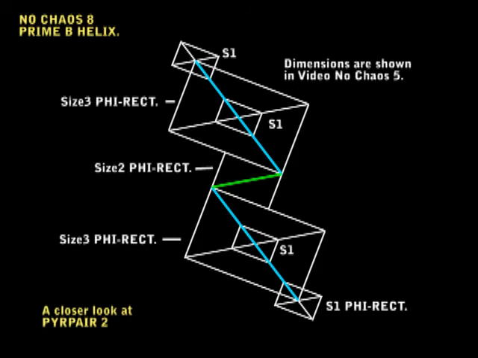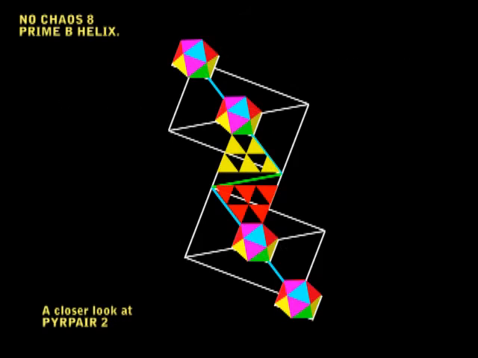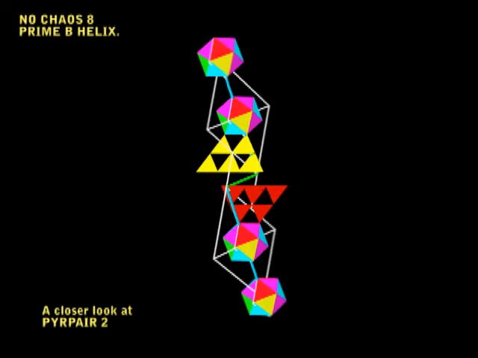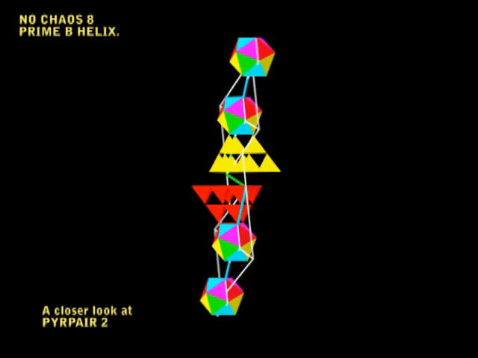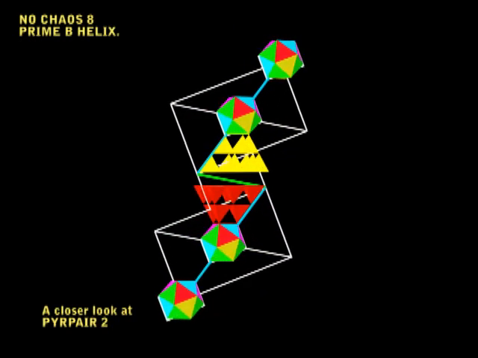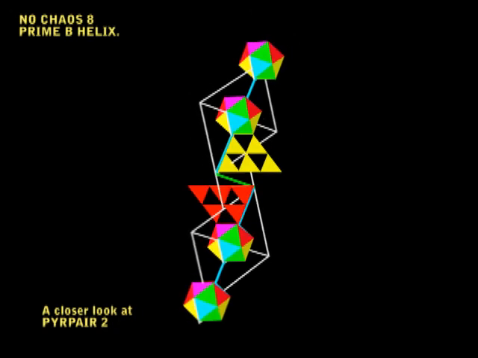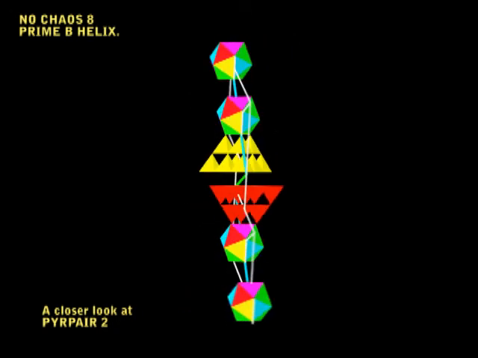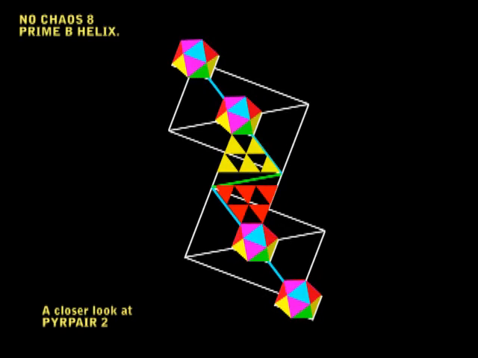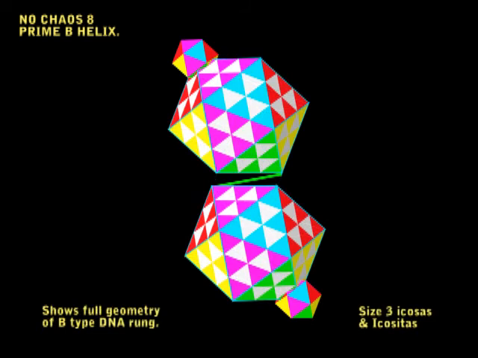So now we'll bring everything back and we'll give it a little bit of a spin around. Notice that the 5 rectangles are positioned on the center edge of the red and yellow pyramids. They are aligned perfectly. I don't think there's anything trivial about this piece of geometry. Now let's take a look at this geometry with the full size 3 icosas.